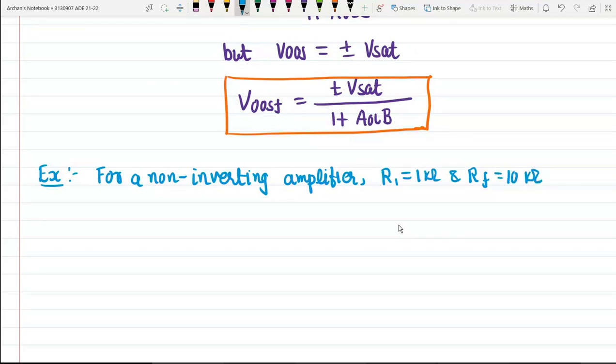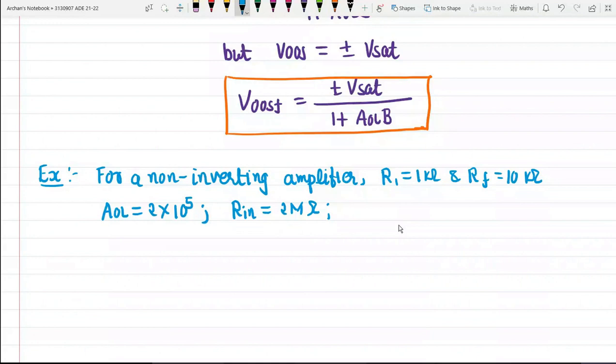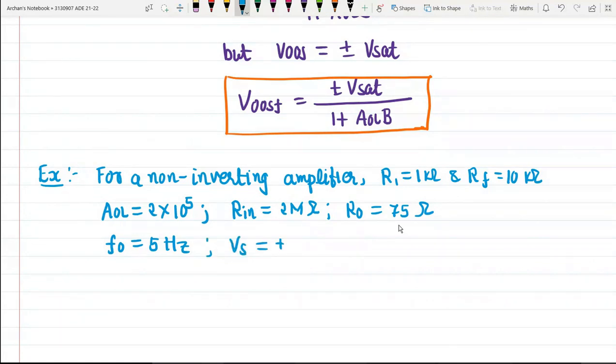Other parameters are: open loop gain AOL equal to 2 into 10 raised to 5, input resistance Rin equal to 2 mega ohm, output resistance R0 equal to 75 ohm, single break frequency F0 equal to 5 hertz, which is also known as bandwidth without feedback, and supply voltage Vs equal to plus or minus 12 volt. These are the parameters given to you.